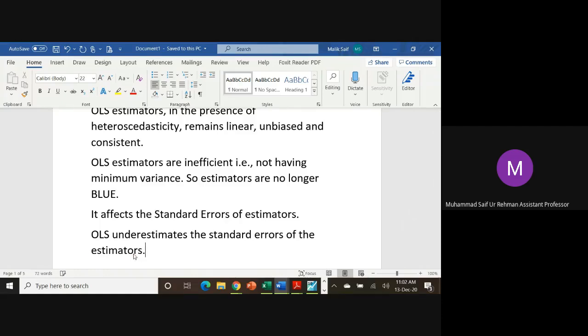So whatever should be the value of the standard errors, in fact we obtain a lesser value. In other words, we obtain low standard errors.